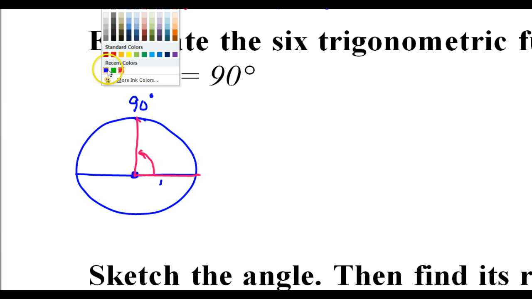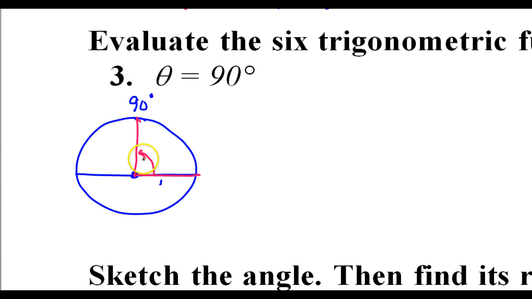Well, here's the deal. On the unit circle, remember, radius is 1. Every point is of the form cosine theta, comma, sine theta. But we know the coordinates of this point right here.